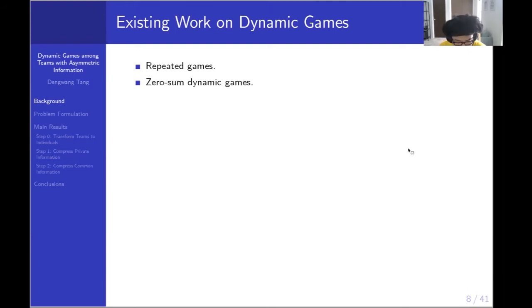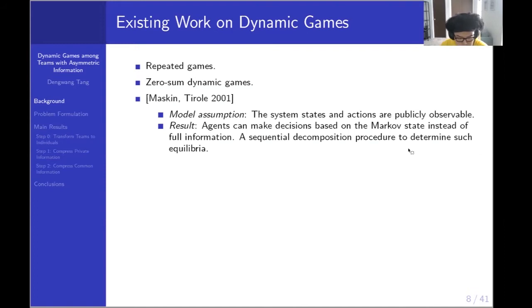There has also been a considerable amount of work on zero-sum dynamic games, where the special properties of zero-sum games allow researchers to develop specialized methods. And the rest are non-zero-sum games with underlying dynamic systems, and we would like to mention a few.